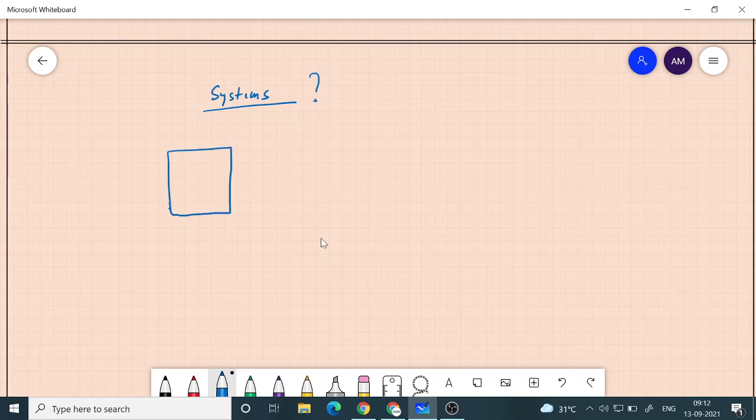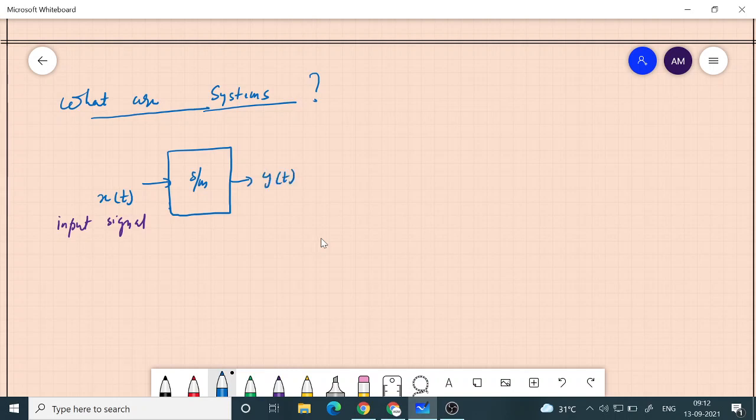I am showing here a block diagram. So this is a system. It takes an input which is a signal. So this is an input signal, and then it gives you an output signal.